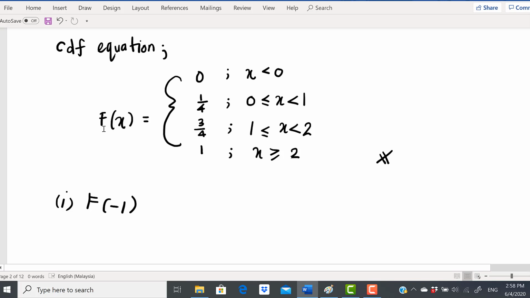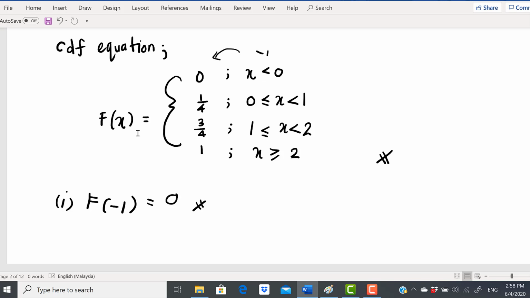Now we have the CDF of f(x). So when x equals -1, it's here. x less than 0, that means -1 is here. So when x equals -1, F(x) is equal to 0.